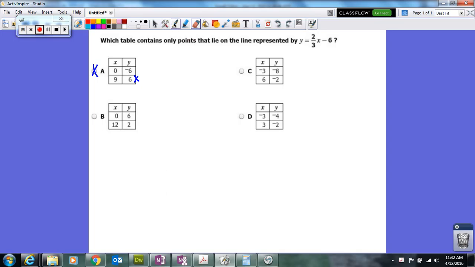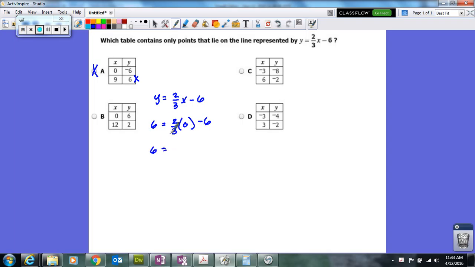All right. So again, I have the equation y equals 2/3 x minus 6. And this time, I have the ordered pair 0, 6. When I replace the y with the 6, and I replace the x with the 0, and of course still have -6, we're wondering if all this stuff equals all this stuff.